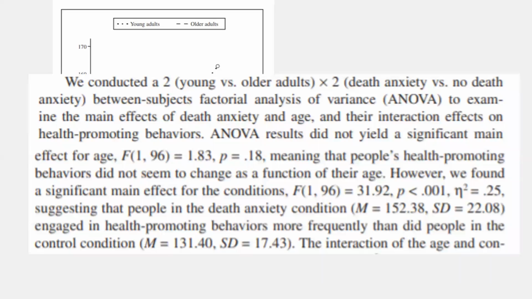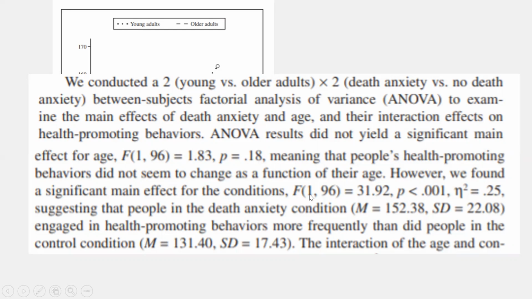Then for the actual write-up itself, right, again, they're going to write up the results of the ANOVA for your main effects, right? So did young adults versus older adults have higher health promoting behaviors even before you take death anxiety into account? So you're going to want to indicate your main effects. There will be an F and a P value for both of your main effects.